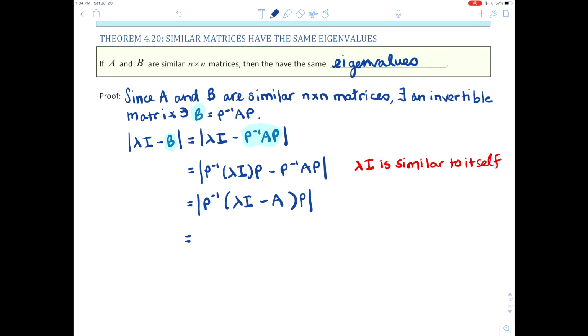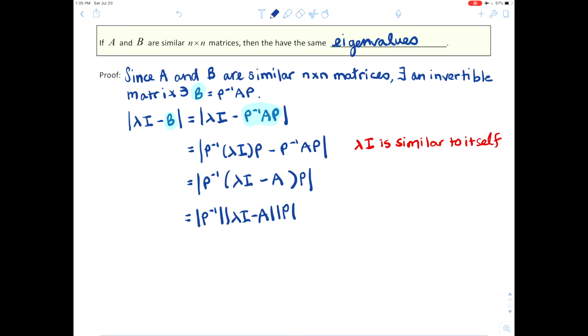Alrighty, well, okay. What can we do with determinants? Remember that the determinant of a product of matrices is the product of the determinants, right? So we could write this as the determinant of P inverse times the determinant of lambda I minus A times the determinant of P. But now we're dealing with scalars.